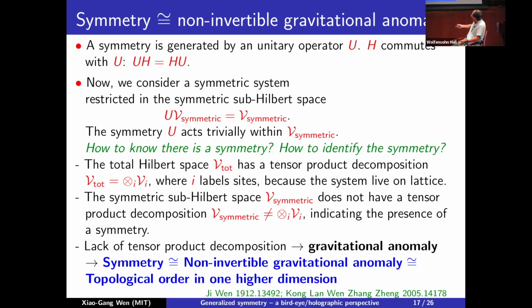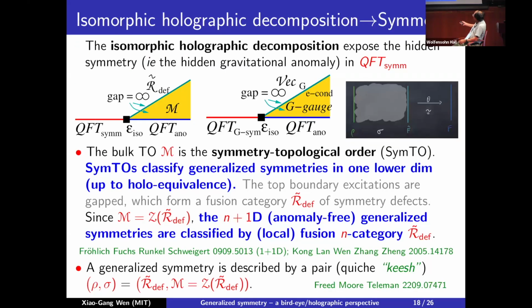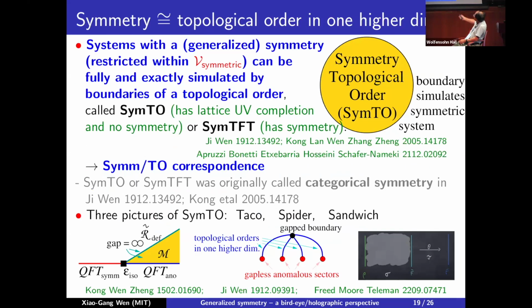So basically, you say that although this symmetric subspace is not realizable as a lattice model, it is realizable as a boundary. So maybe I can make this more precise. The claim actually becomes this picture. We say that this symmetry is classified by this braided fusion category.